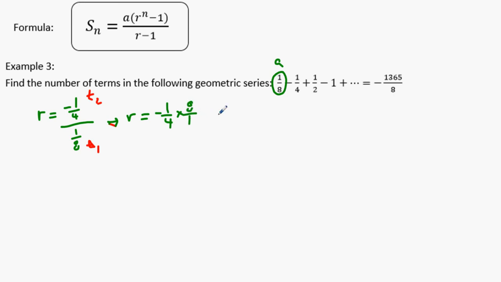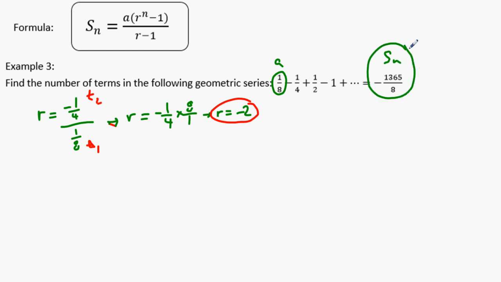So here I can see that my R value will be negative 2. So I have my R value, A value, and I also have my SN value. This guy right here, this is what it sums up to, so I know my SN value is right here.